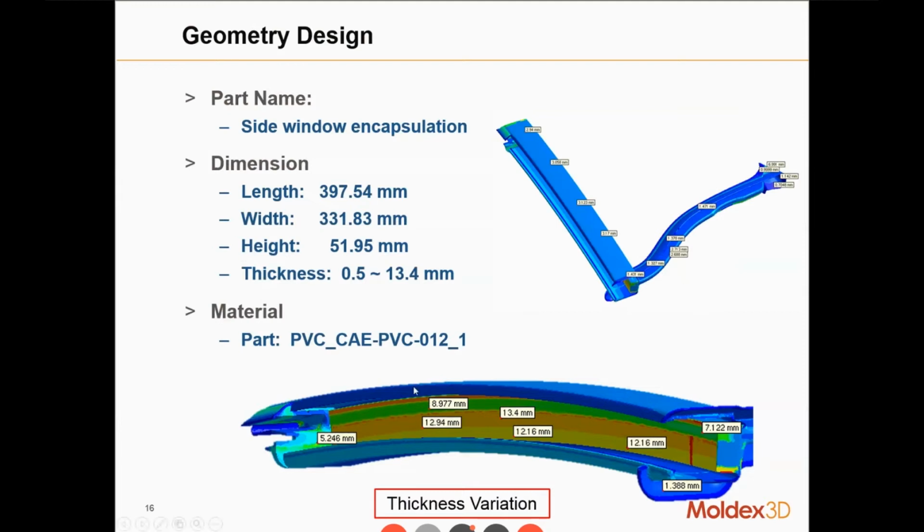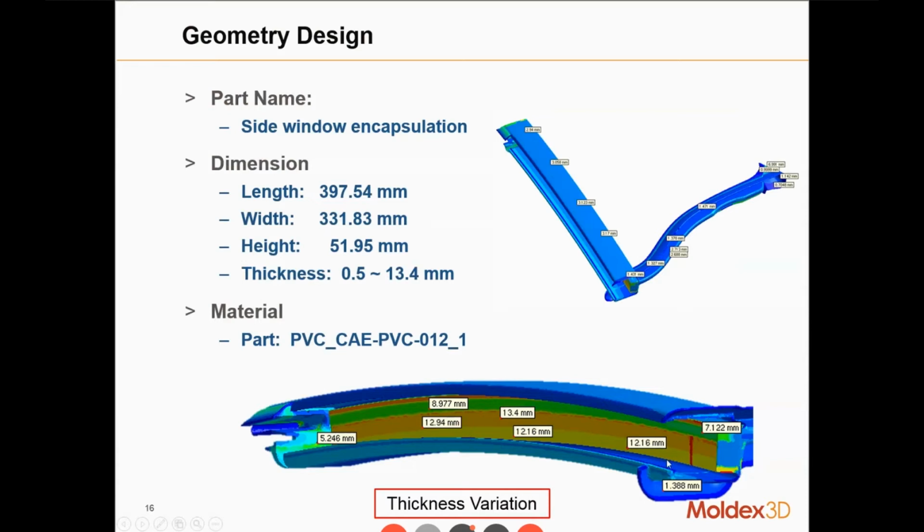This is a brief geometry introduction. The part is a side window encapsulation, approximately 400 millimeters long and 330 millimeters wide. The thickness ranges from 0.5 millimeters to 13.5 millimeters. The material is PVC.